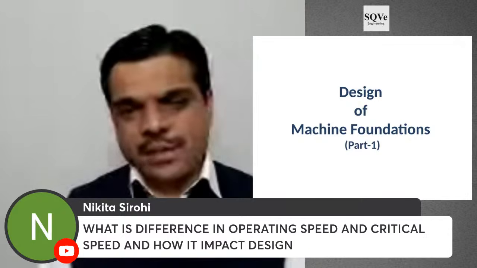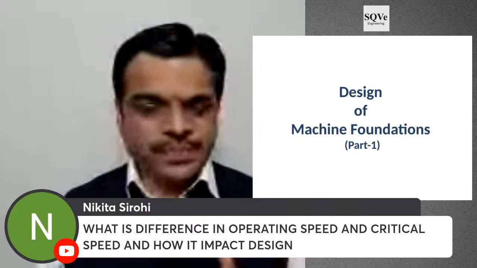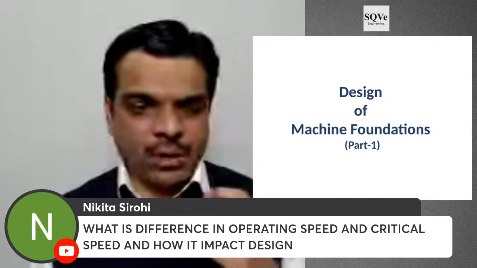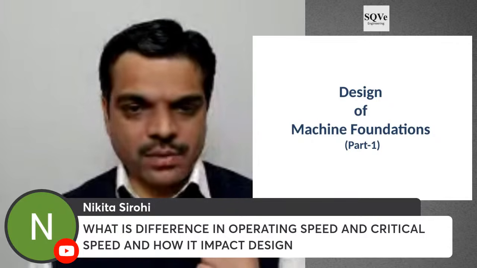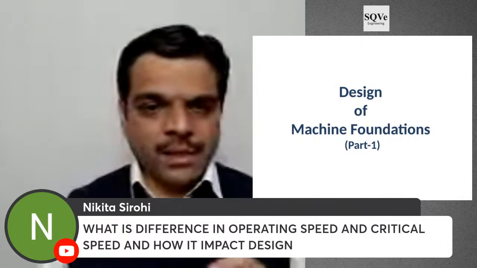Now, according to me, the critical speed is the speed at which the equipment itself will have a resonance within it, or if our foundation is vibrating at that frequency, then the machine could be damaged significantly.